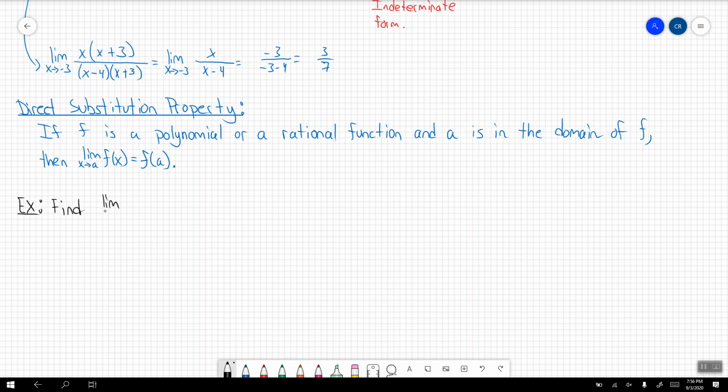So here I want to take the limit as x is approaching 1 for my function f of x, where f of x is equal to the piecewise function x plus 1 for x not equal to 2, and negative 3 for x equal to 2. Okay, so we got some work to do here.